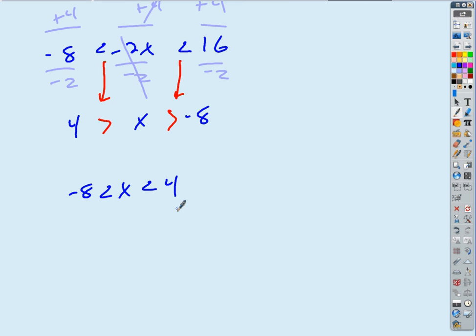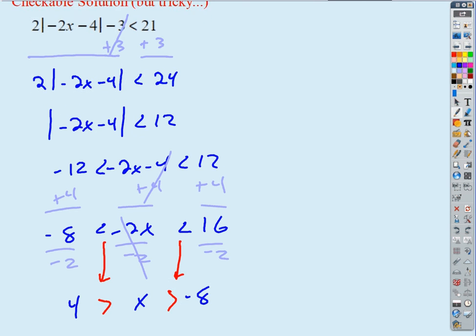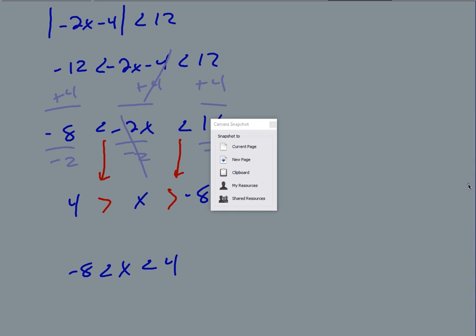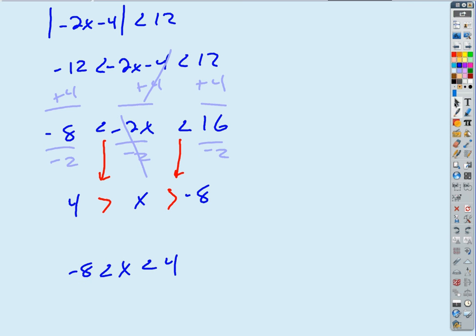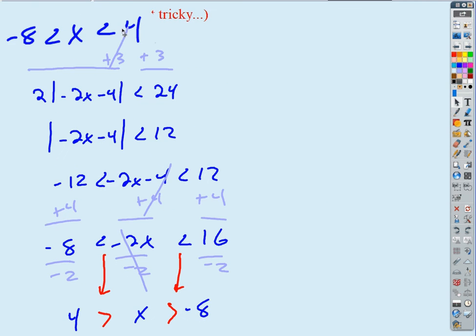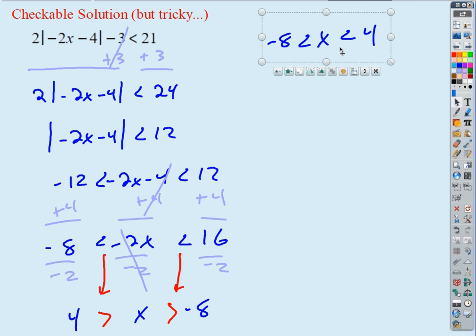Okay, and then we check it the same way, wouldn't we? Right, but on this one, what's gonna happen this time? If I'm checking those values, so these are the values I'm checking. What do you predict's gonna happen this time?